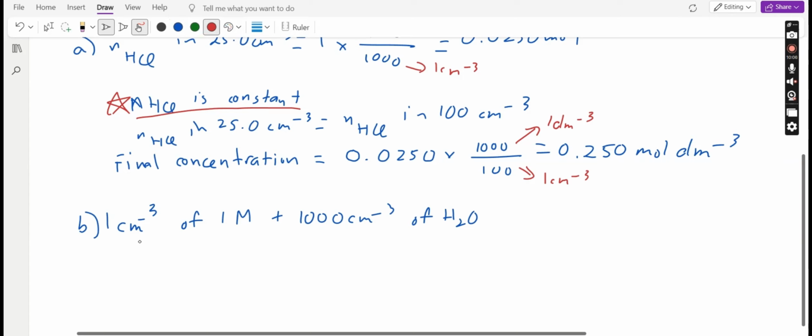Because here it is basically 10 to the power 3 times, right? Yeah, sorry, it's actually not 1000, it should actually be 999. So your final volume should be 1000.